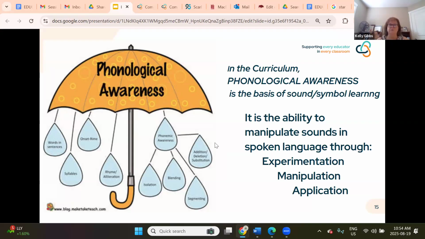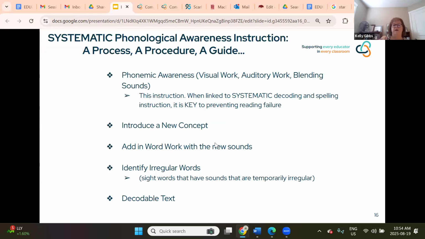It starts with experimentation, manipulation of sounds, and then finally it is the application. That in itself has us look at a systematic look at instruction. That is a process, a procedure. It's a guide for you to follow.